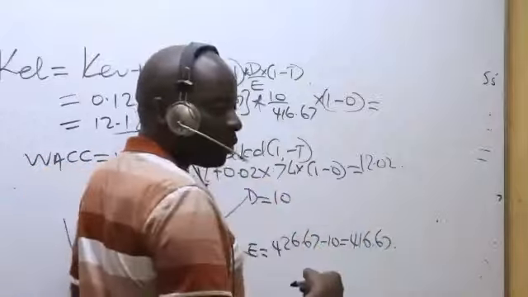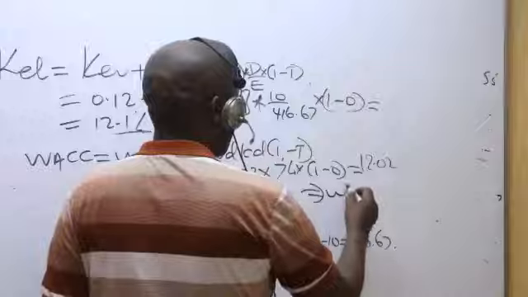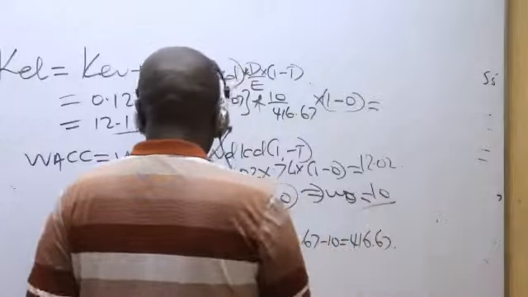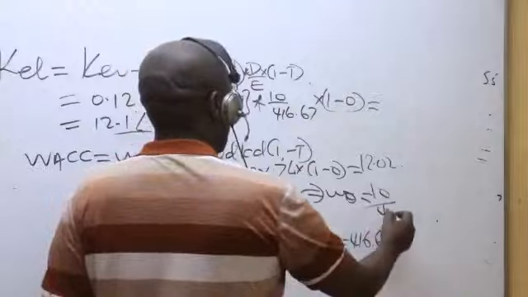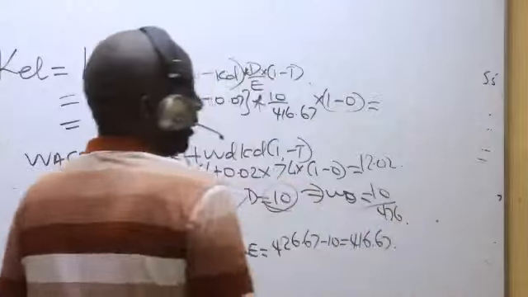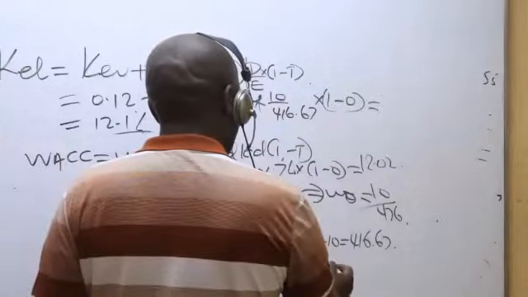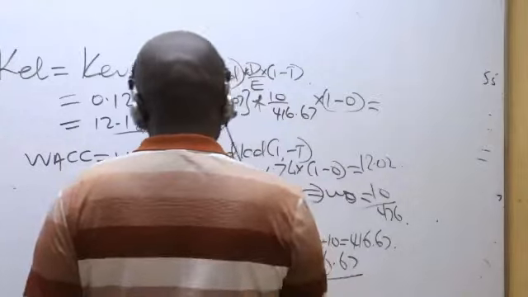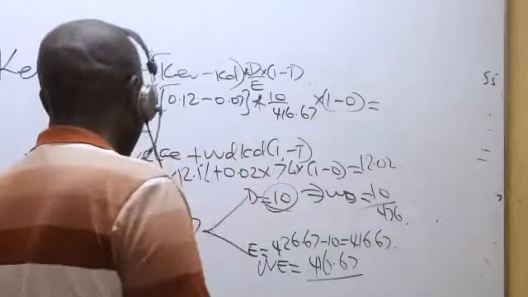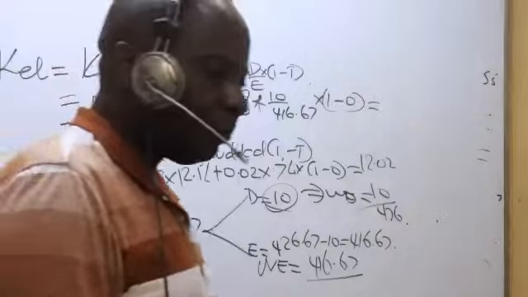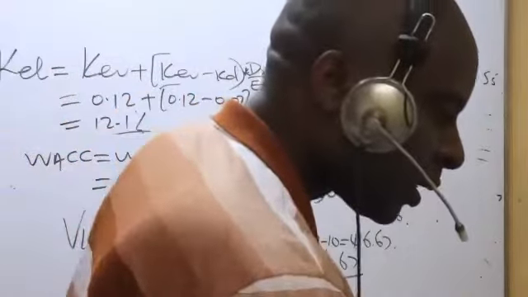In terms of weights, weight of debt will be the debt amount 10 over the total value, 426. Weight of equity will be this 416, the equity amount, divided by the total value, 426. Let's try that. And again, you'll have access to this video, which you can work with.